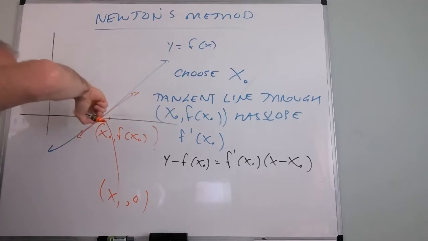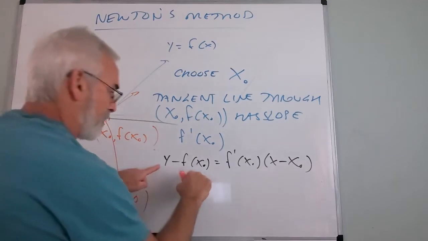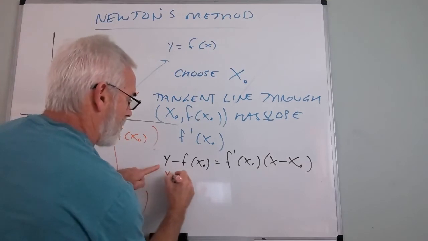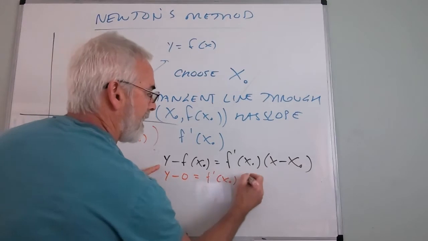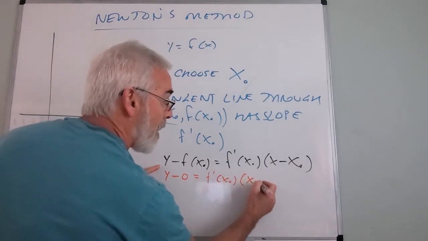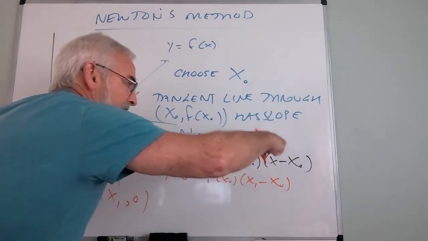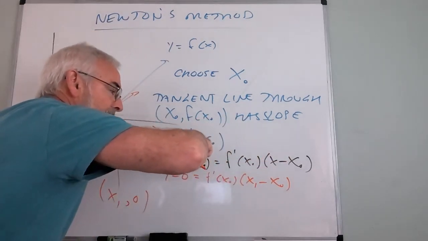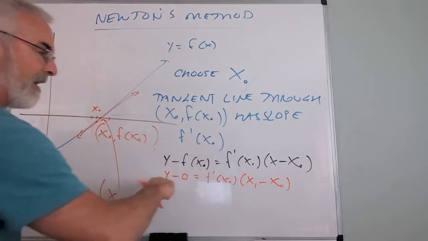Where it crosses the x-axis, I'm calling that x coordinate x1. So the y coordinate would be 0. So going back to here, that means this would be y minus 0 equals f prime of x naught times x1 minus x naught. I'm replacing x with x1, and I'm replacing y with 0, because that's the point on the x-axis.